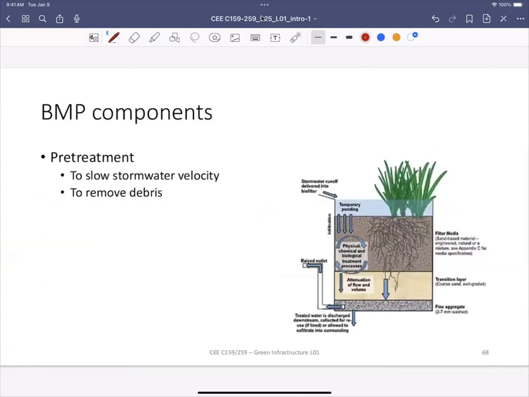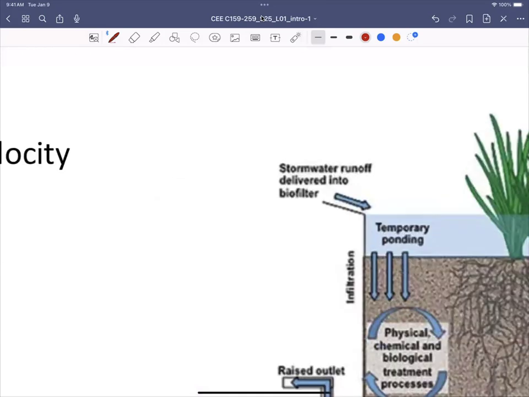So here, for instance, I show you an example of a biofilter or bioinfiltration system. If you want to have BMP components, what kind of pre-treatments can you design? So this is an actual bioinfiltration system, and pre-treatment has to happen beforehand. When the water comes in here, you can put a lot of stones or some kind of obstacles so that the water speed slows down.